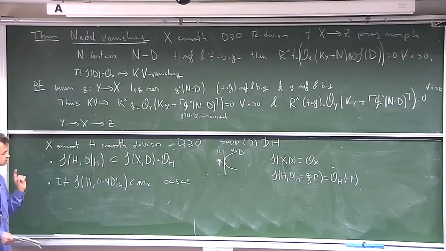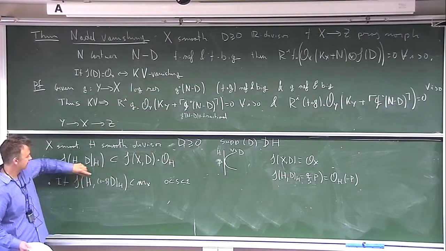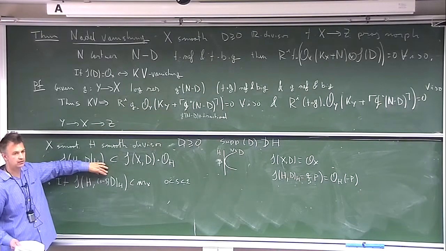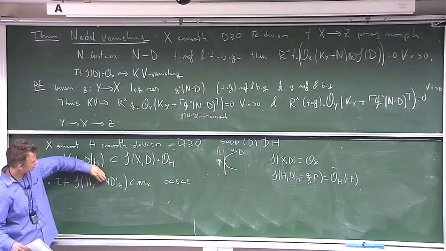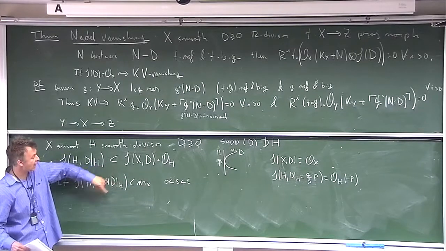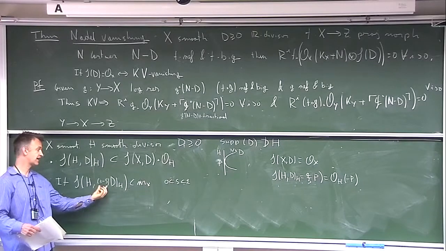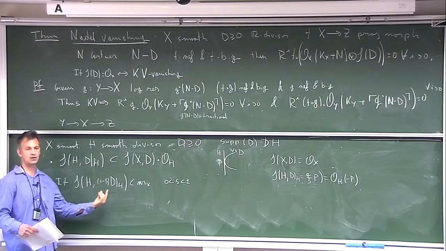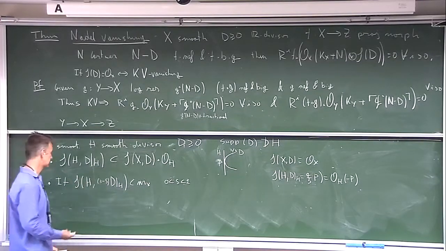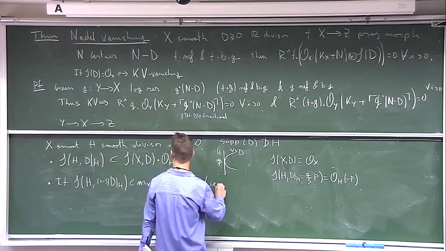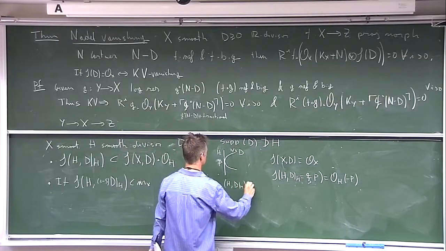If s were equal to 0, then I'm saying that this restriction is not Kawamata log terminal. But now the coefficient 1 minus s is slightly less than 1. So what this is really saying is that the restriction of D to H is not Kawamata log terminal. Sorry, it's not log canonical. Even when I make its coefficient smaller, i.e. (H, D restricted to H) is not log canonical.